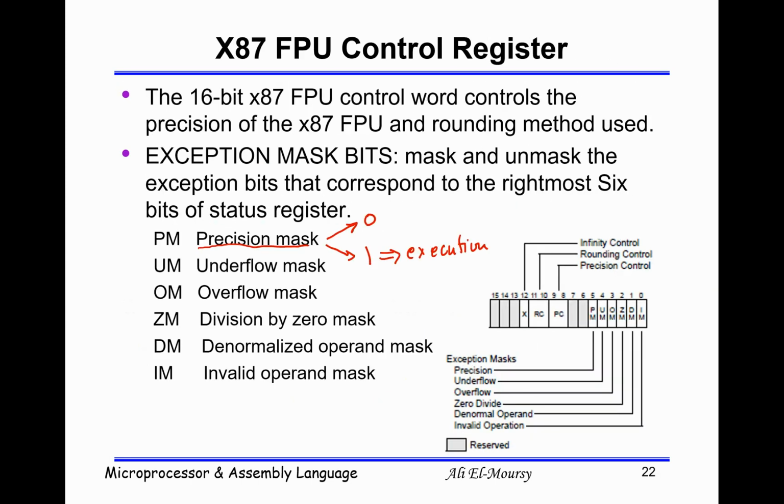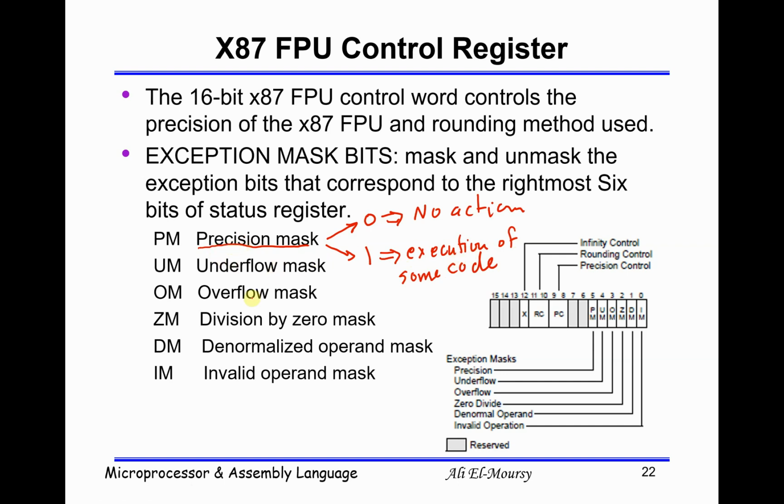So if any of those masks have been reset to 0, that means no action. If the mask is set to 1, that means this is an order for the microprocessor to execute some code, definitely defined by the programmer, in order to indicate what should happen if this error happens.